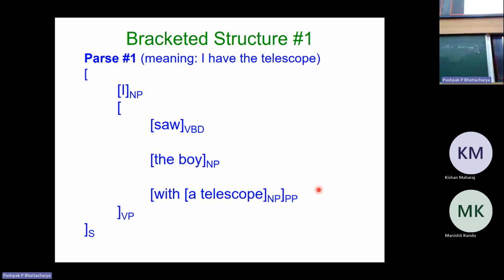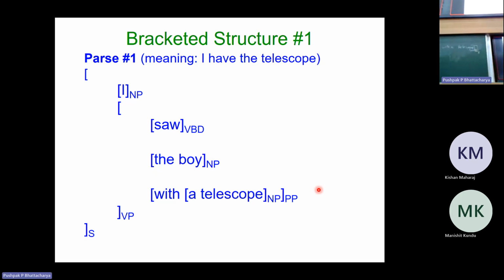Then I put a bracket here, and I put an entry here. So the boy with the telescope I know is a VP. Notice that all I'm doing is labeling a sequence, and the output is also a sequence.